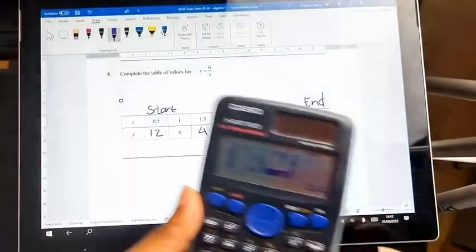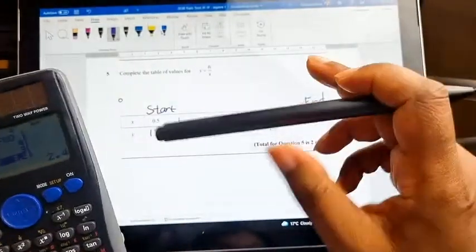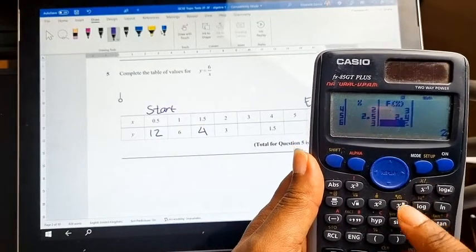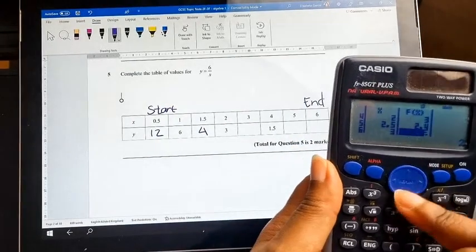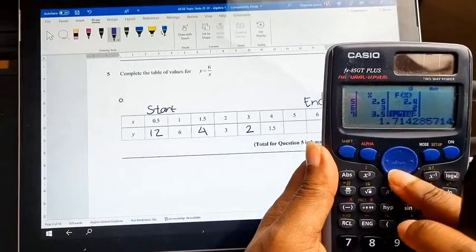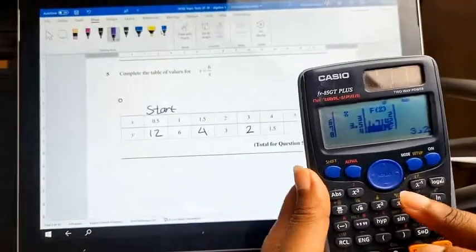That's all you have to do. We're going in increments. We don't have 2.5. We go to 3. So make sure, because now it's in 0.5 increments, you go to the next one. So it's 2. Then we go to 4. 4 is 1.5. Correct.